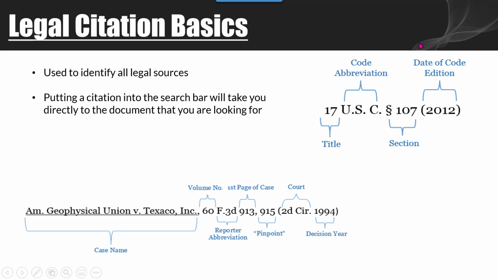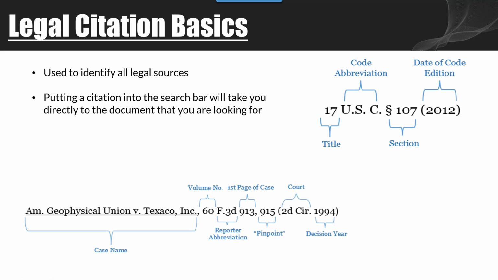Let's take a look at the top example. This is an example of a statute citation, or what your code citations will look like. These statute citations are similar to case citations. The code abbreviation is the book where this statute can be found, just like a case can be found inside a reporter. The title is sort of like the volume number, and this is a fancy symbol that stands for the word section.